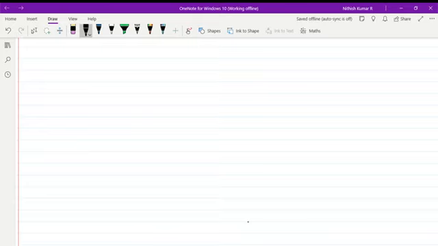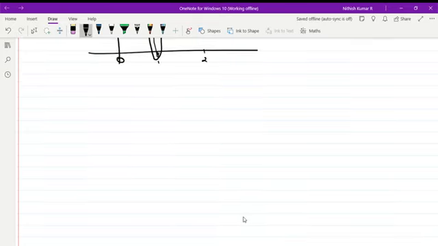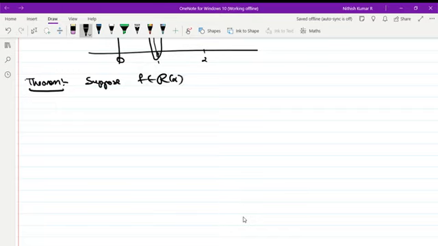Okay, let's move on. Suppose f belongs to R of alpha on the closed interval a comma b, and small m is less than or equal to f of x, which is less than or equal to capital M, for all x belonging to the closed interval a comma b. Why do such small m and capital M exist? Because given that f belongs to R of alpha, f is a bounded real valued function.